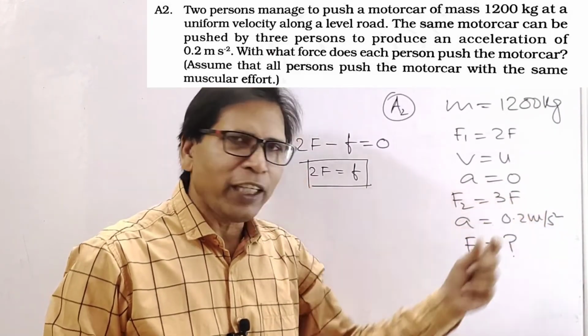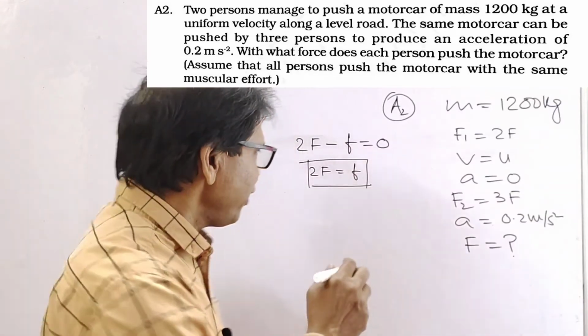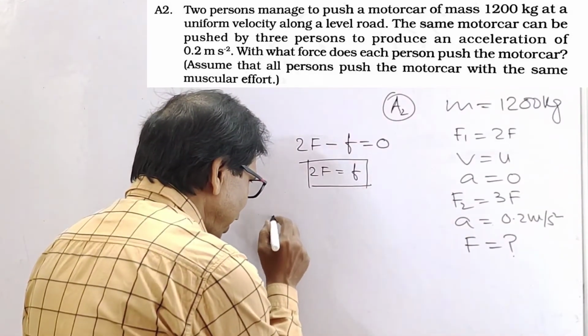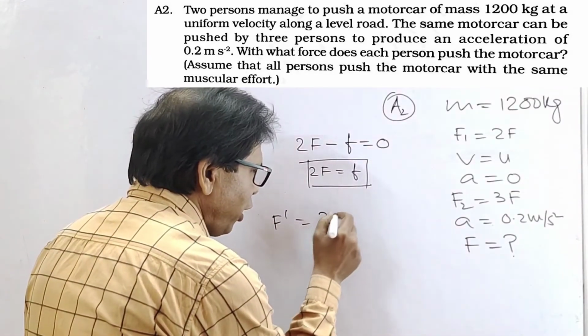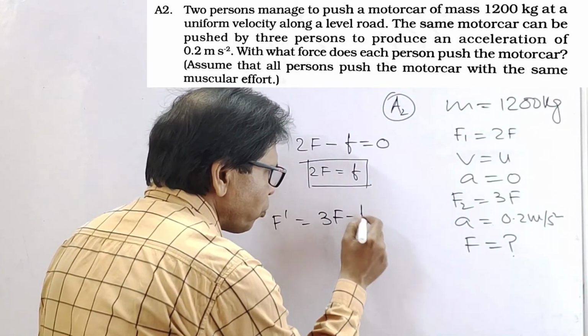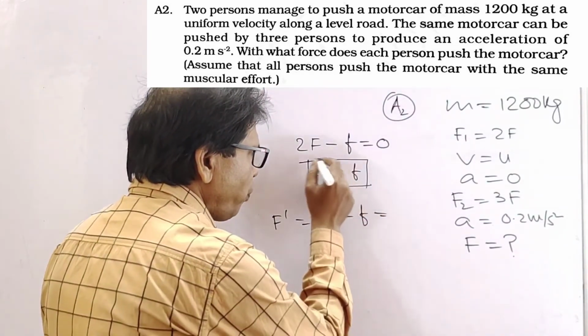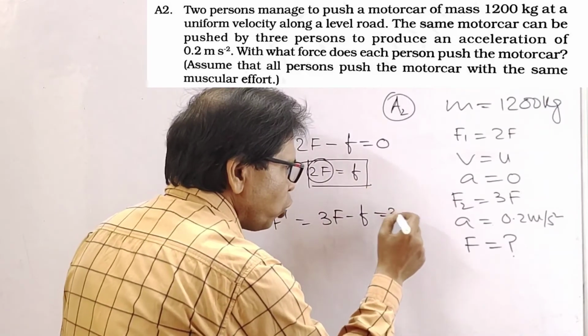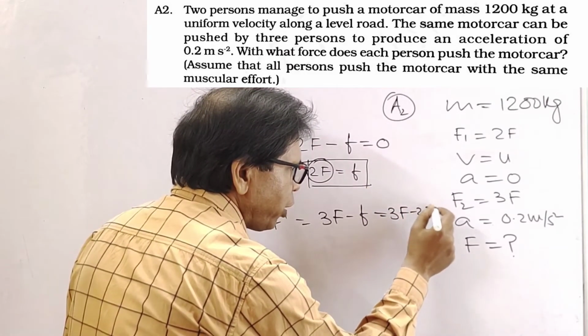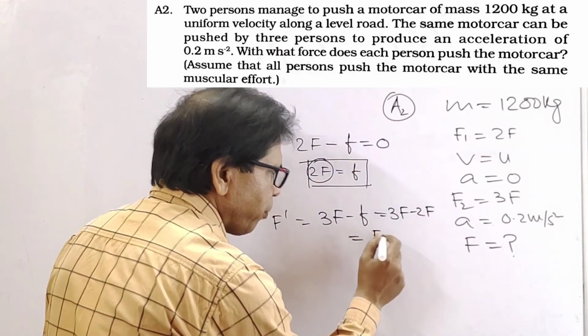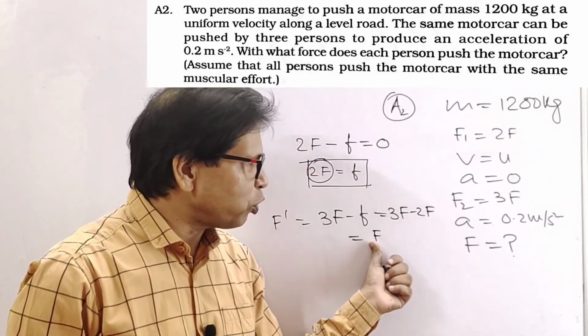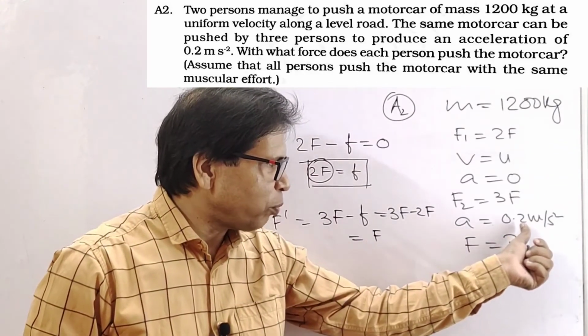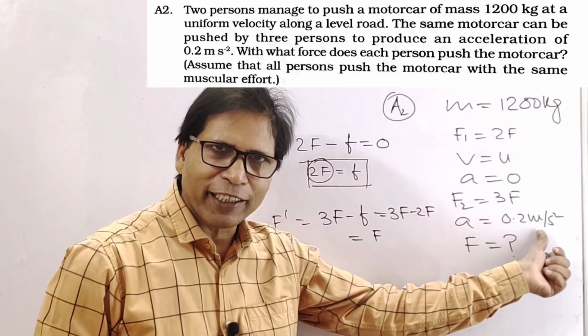When 3F force is applied on the car, the net force F dash is 3F minus force of friction. Here force of friction is equal to 2F, so this is 3F minus 2F, which is F. This net force produces an acceleration of 0.2 meter per second square.